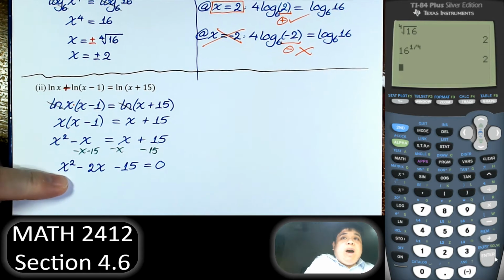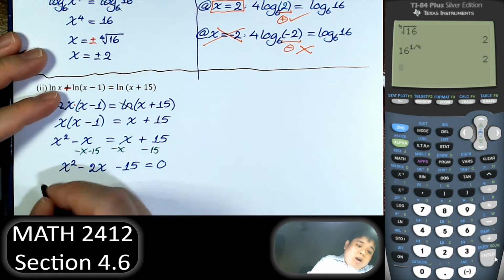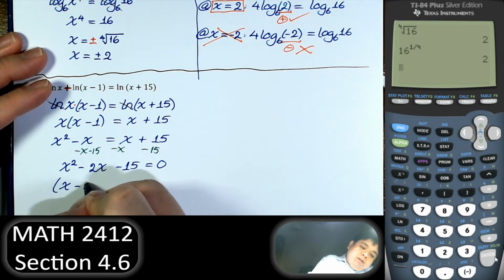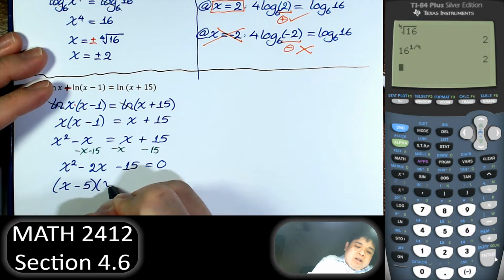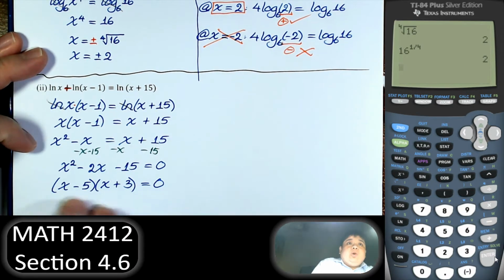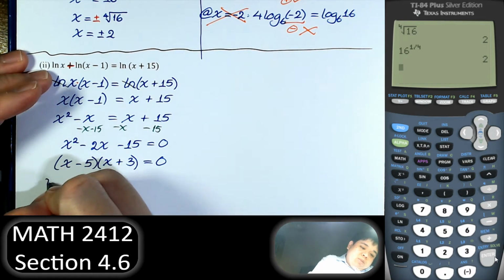Here we can factor or use the quadratic formula, but if it is simple enough, we can just factor. That will be (x minus 5) and (x plus 3). So for a product equal to 0, one of the factors must be 0.